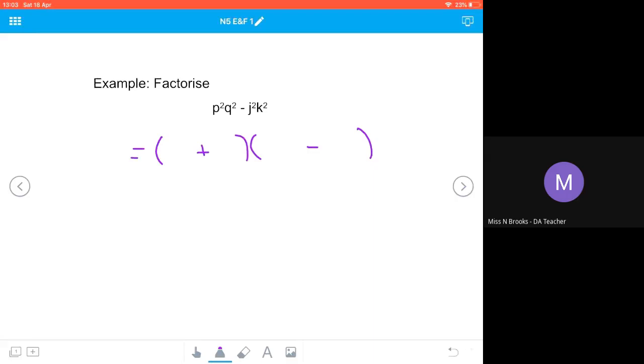We're going to square root the p squared and get a p, and we're going to square root the q squared and get a q. And that's going to be the first term in both of our brackets. We're going to square root the j squared and get j. We're going to square root k squared and get k, and that's going to be the second term in both of our brackets. So the answer to p squared q squared minus j squared k squared is (pq plus jk)(pq minus jk).